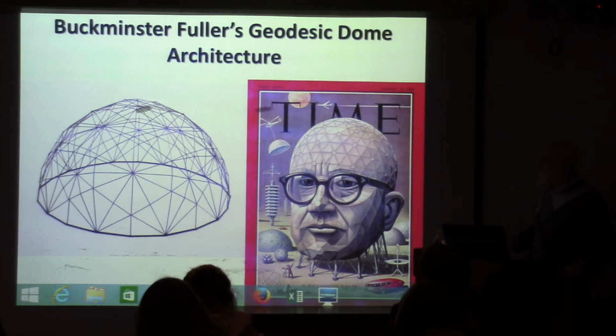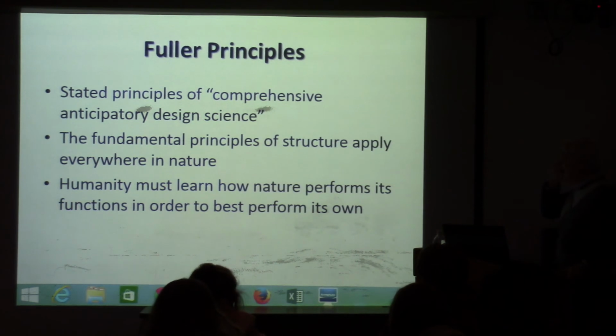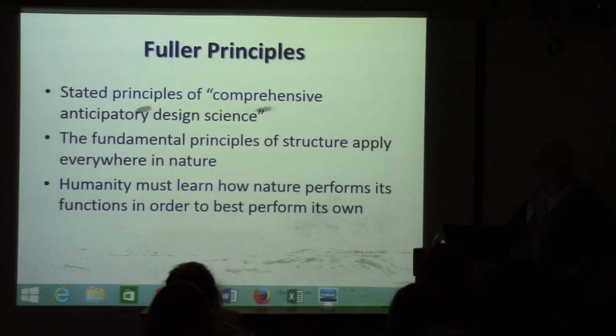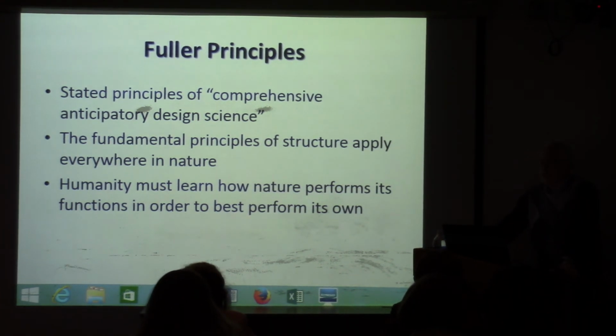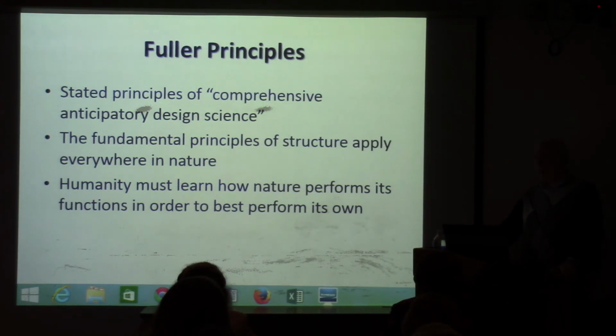All right, Bucky Fuller. Getting more modern here. You probably all know Buckminster Fuller's geodesic domes. We see them all over the place. Again, an artist with very general principles. I'm not going into the background because lots has been written about him. But basically, everything he did was based on the idea of comprehensive anticipatory design science, which sounds sort of like nonsense.